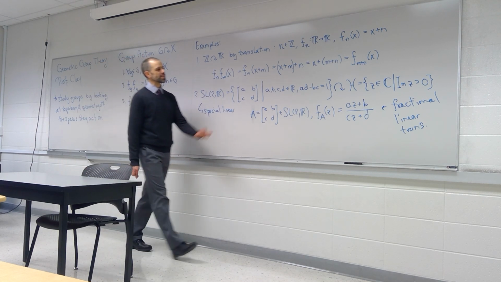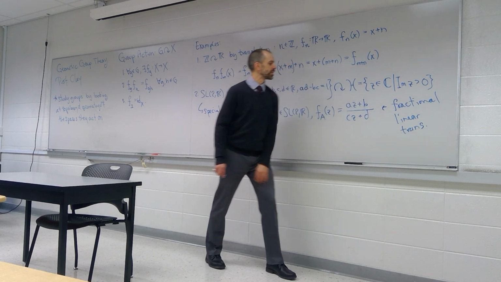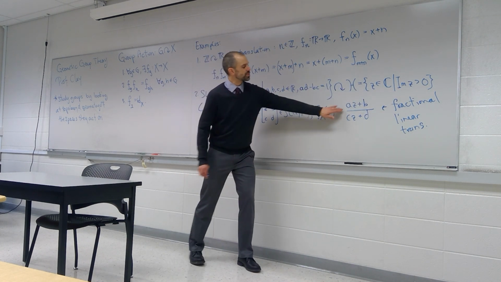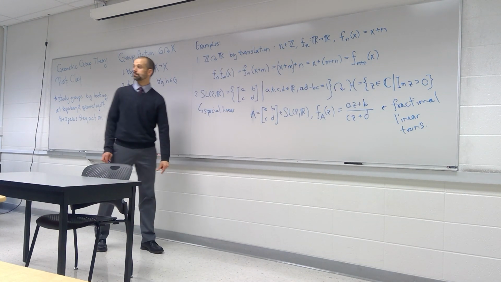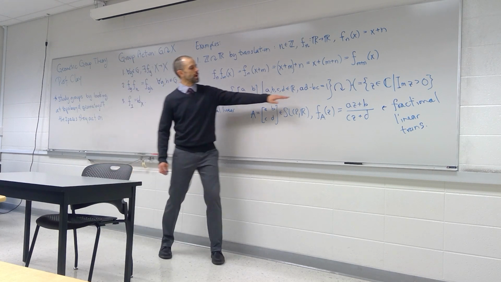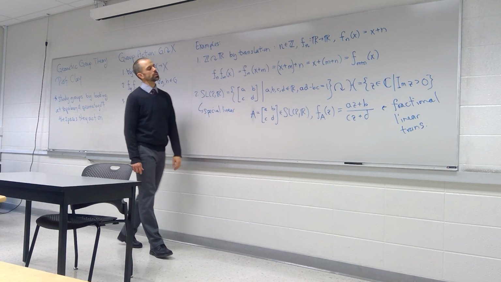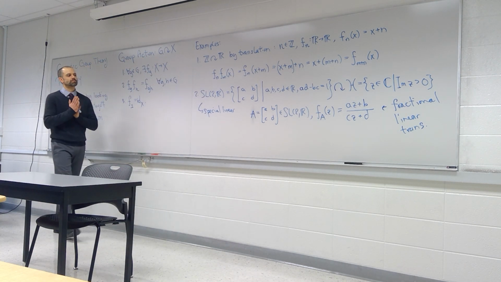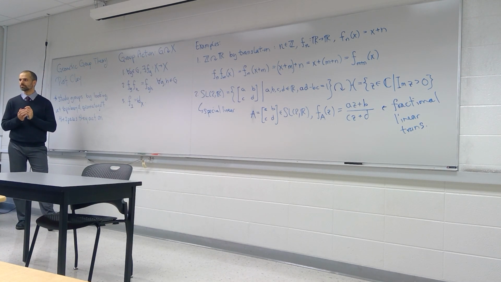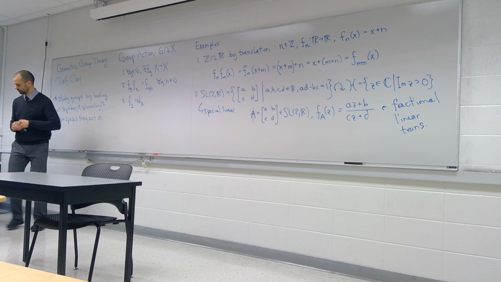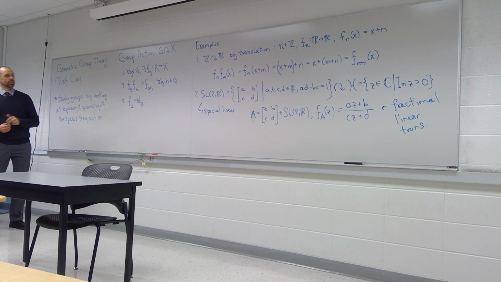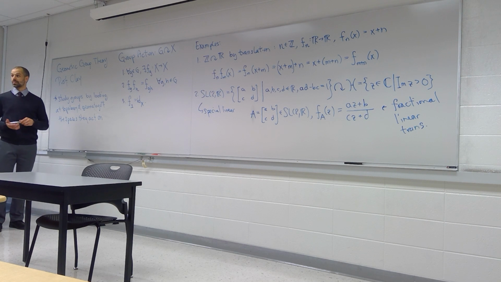And then you can also check that if something has positive imaginary part, when you do the composition, you still have positive imaginary part. And this is where the property that the determinant is positive, in fact equal to 1, comes in. Okay? Is that good for group actions?